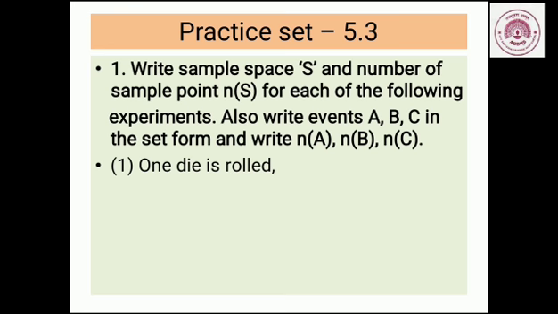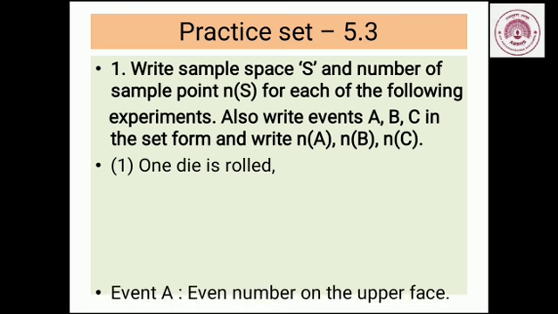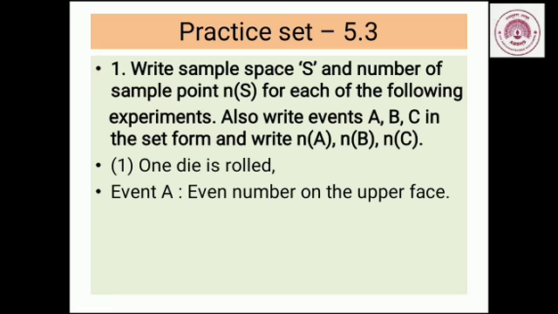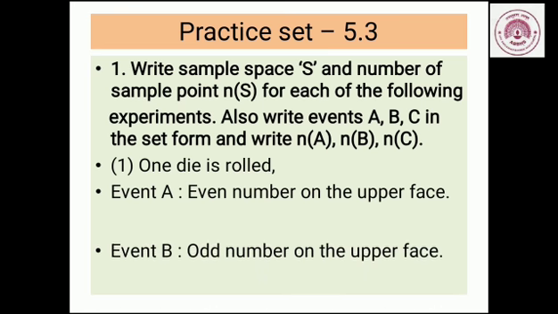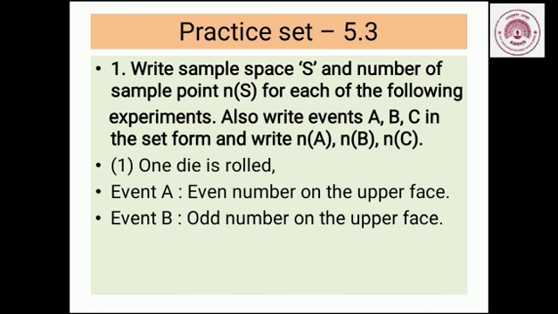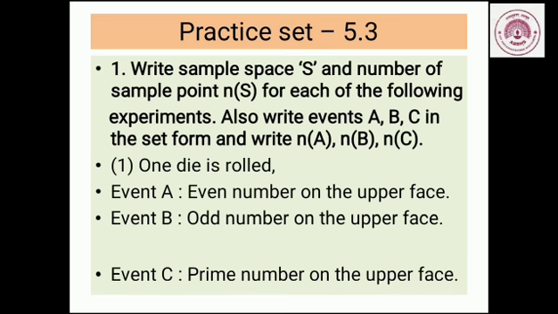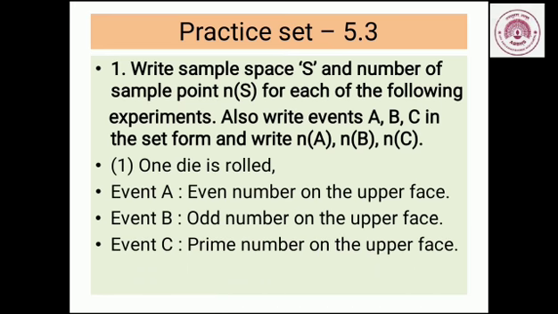The first experiment is one die is rolled. Event A, even number on the upper face. Event B, odd number on the upper face. Event C, prime number on the upper face. Let's first write down the sample space.